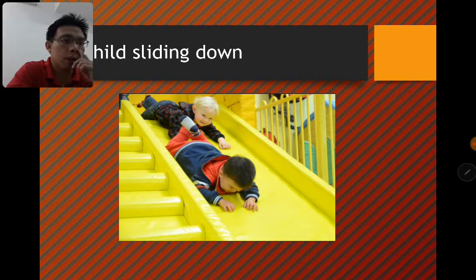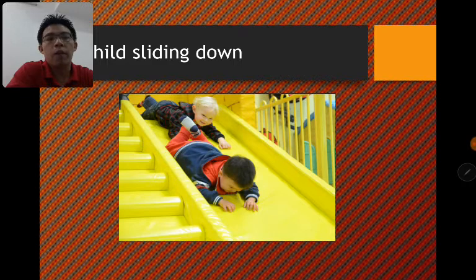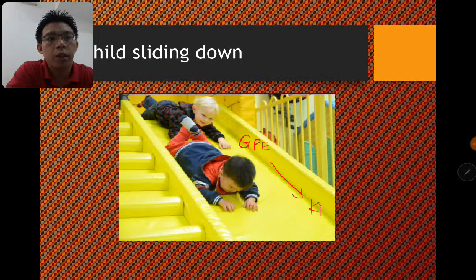So the conversion of the energy here will be gravitational potential energy converted into kinetic energy. So you move faster as you are sliding down, just like something that is dropping from a high position to a low position. It accelerates due to the gravitational acceleration or gravitational pull, right?